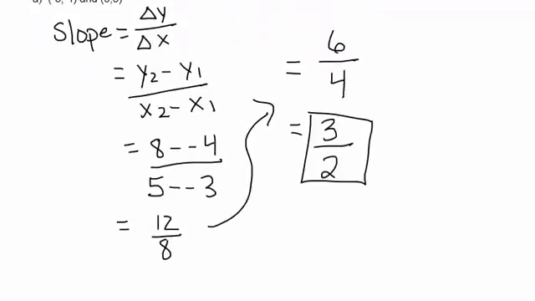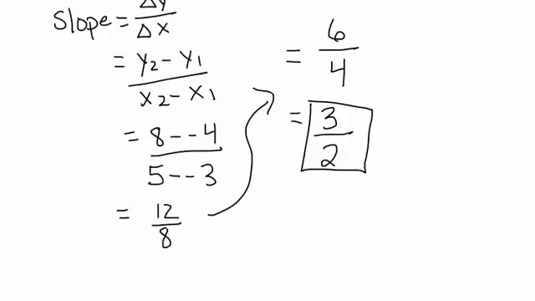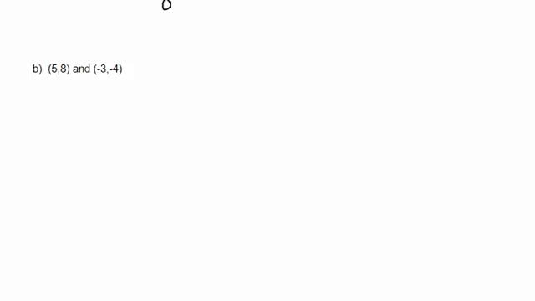For part B, it says calculate the slope between these 2 points. I want you guys to take note that these 2 points are the exact same ones in the example above, only they're reversed. So the 5, 8 is now written first instead of second. So let's see if we can come up with a pattern that you guys notice after solving this.